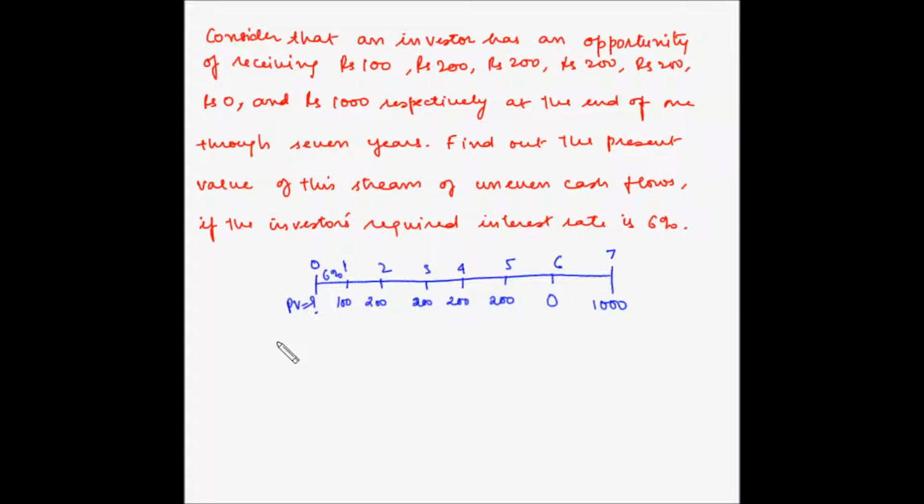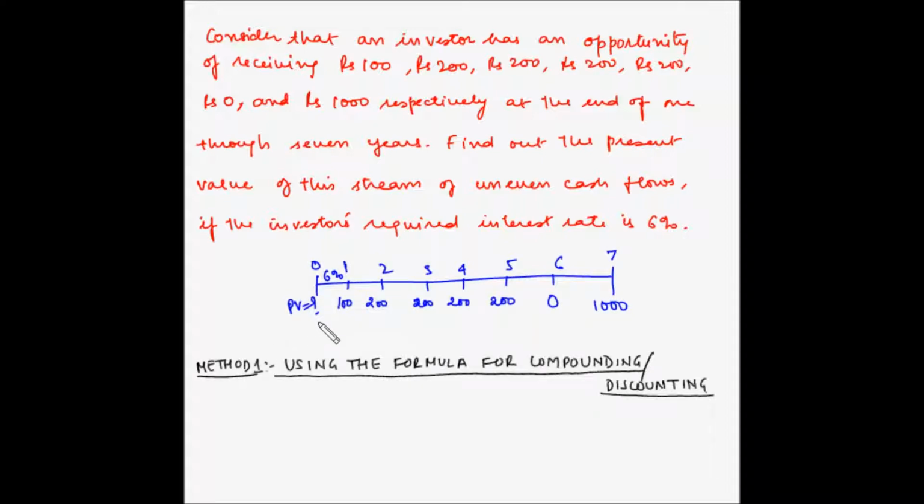So let us look at multiple methods of solving this. So the first method is solving this using the formula for compounding or discounting. Now, this present value can be broken down into 7 different parts. Let's say this is PV1.